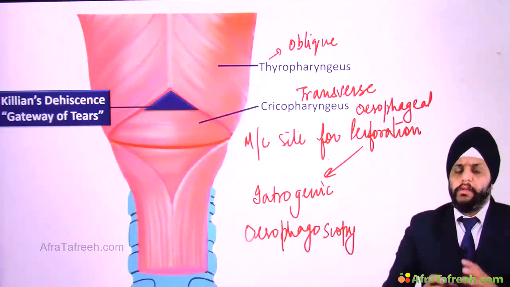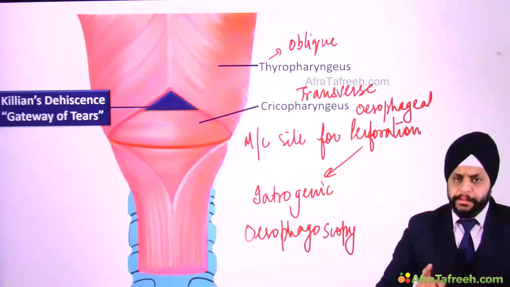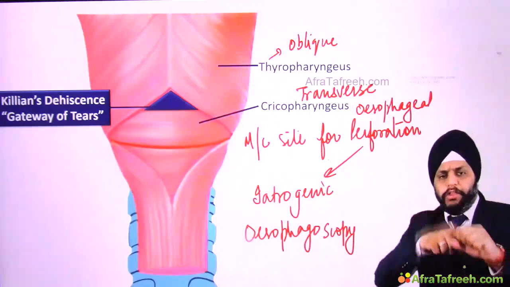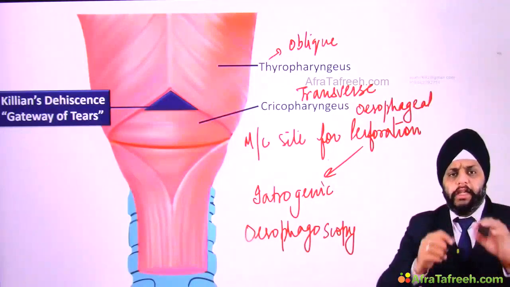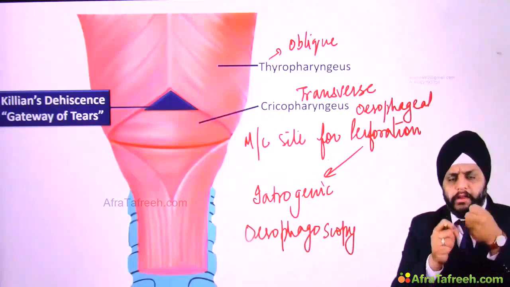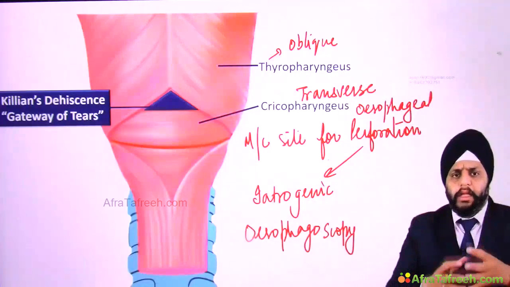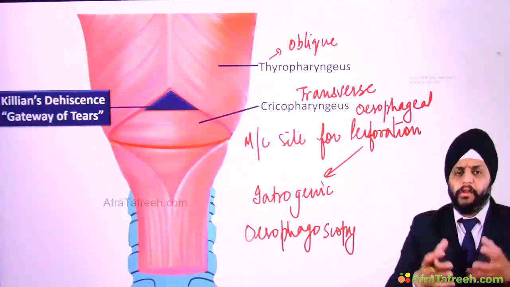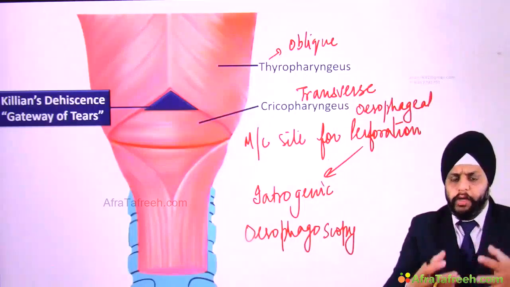So while doing esophagoscopy, if the surgeon is in a hurry, trying to push his esophagoscope into the esophagus, and let's say the cricopharyngeus muscle is still in spasm, it has not relaxed. The muscle relaxant is incomplete, the anesthesia is incomplete, the patient is still in the superficial plane, or sometimes it does take time for the cricopharyngeus to relax.